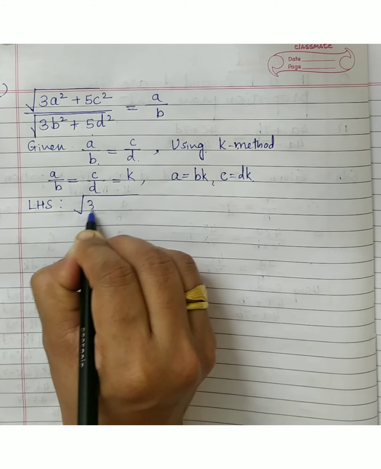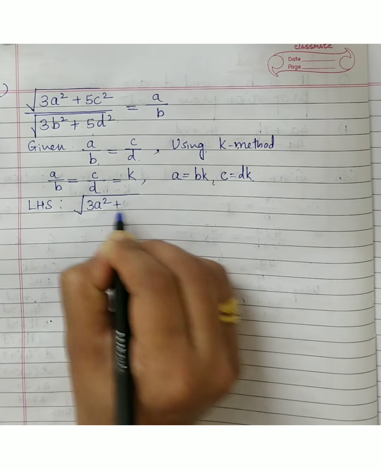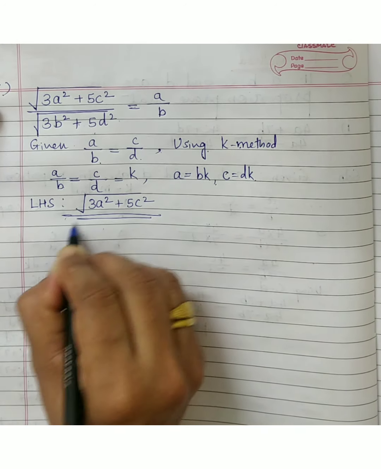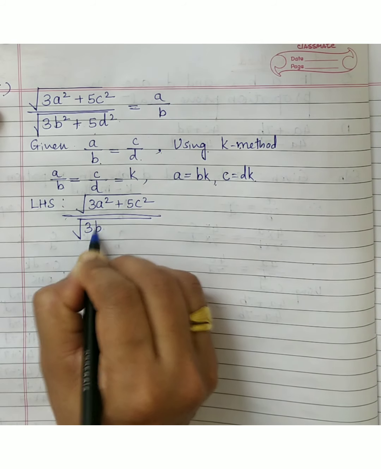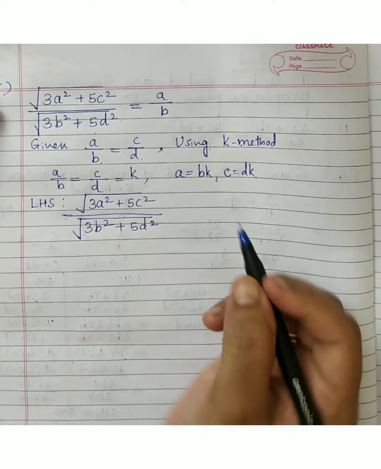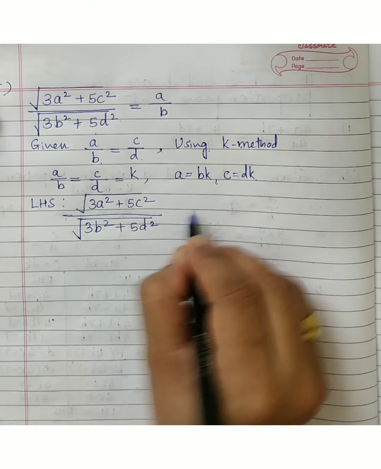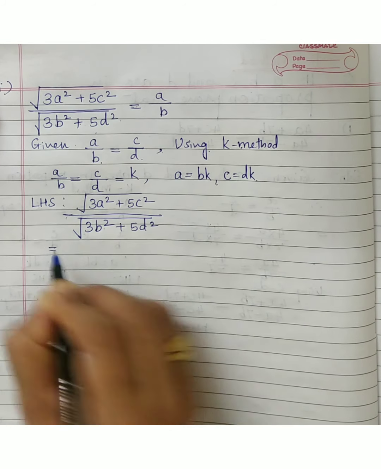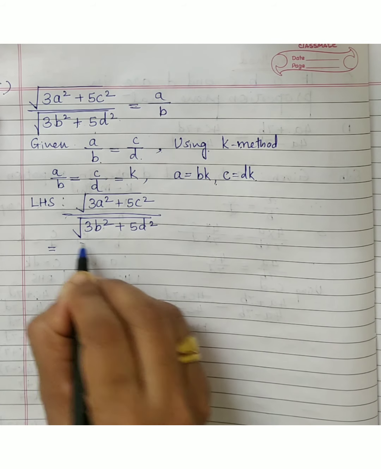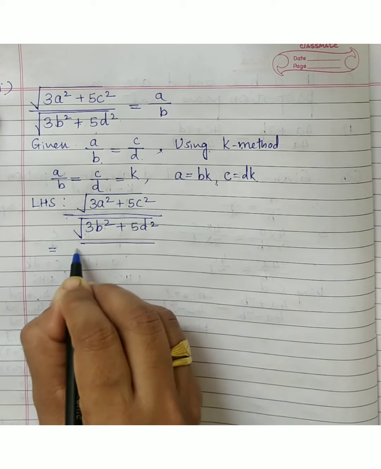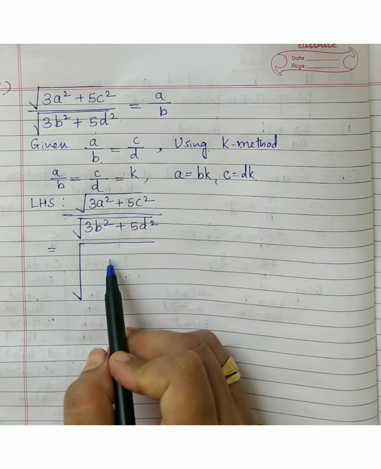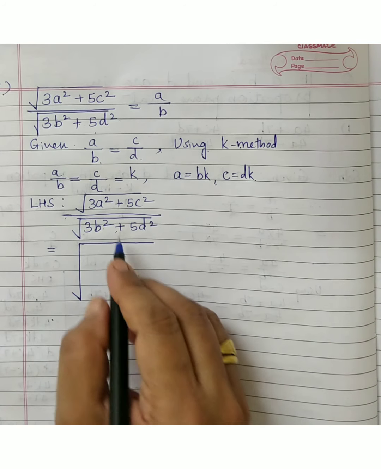Root 3a square plus 5c square upon root 3b square plus 5d square. So what are we doing here now? We are replacing a by bk and c by dk, and whole thing, can I write whole thing under square root? Yes, numerator also is under square root, denominator as well, so the complete thing.